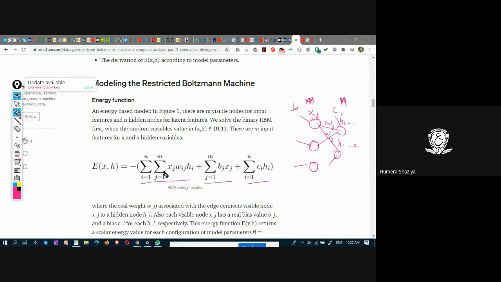Add both, and add the x and h with their weights, and generate the energy of this x and h. Likewise, for every x and h pair, this energy is computed. And eventually, you get an energy function for the model when you do it for all.